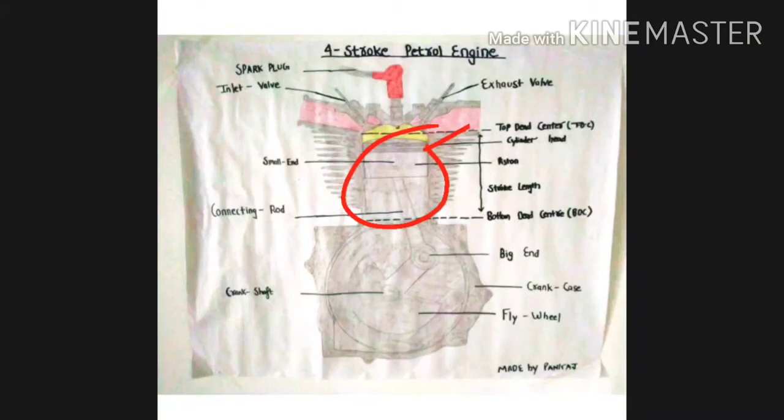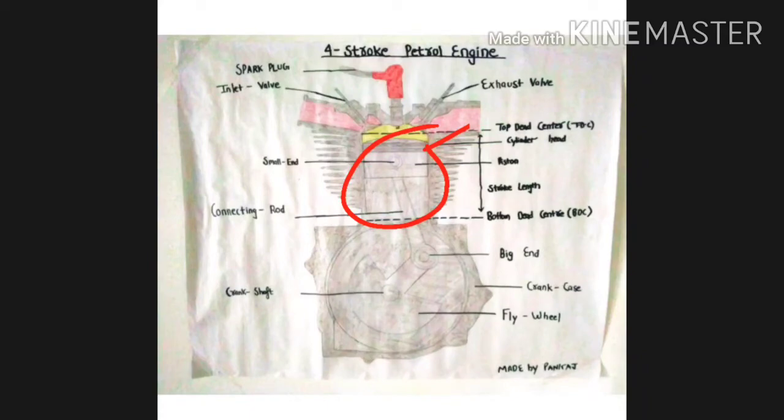Now we have to understand that the piston has three rings: oil ring, compression ring and wiper ring. In a later video we discuss in detail the function of the oil ring, wiper ring and compression ring. In this video we discuss only the components and parts present in the 4-stroke petrol engine.